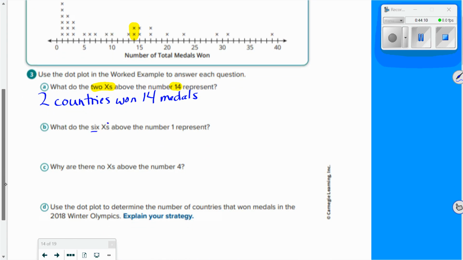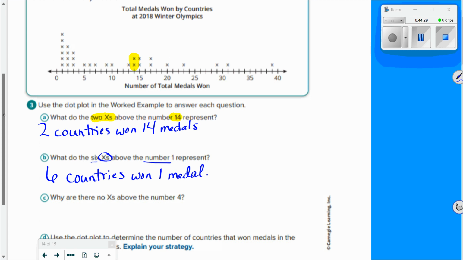And what do the 6 X's above the number 1 represent? 6 countries won 1 medal. Okay? Why are there no X's above the number 4? Why is there a blank spot here?